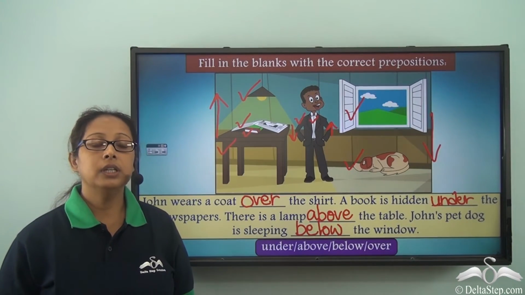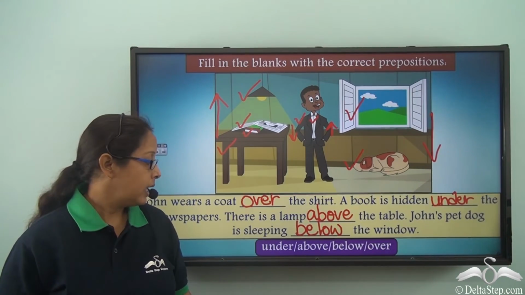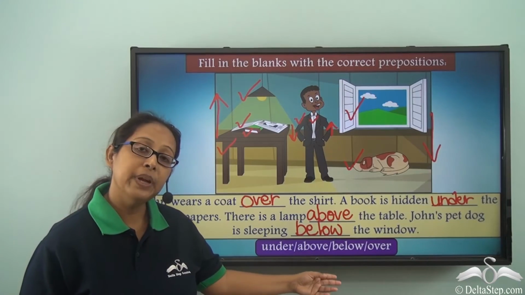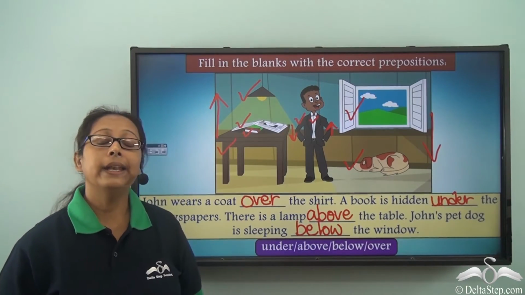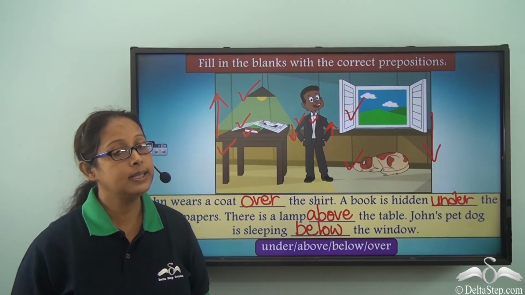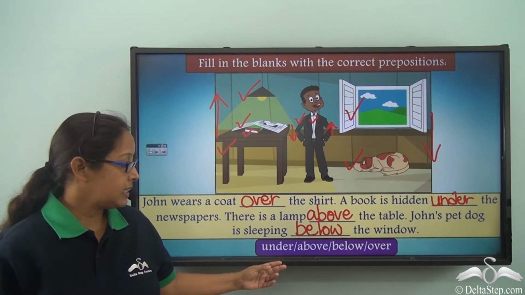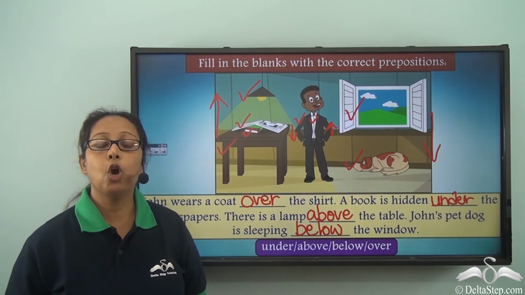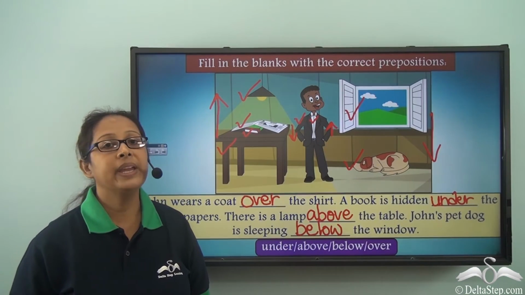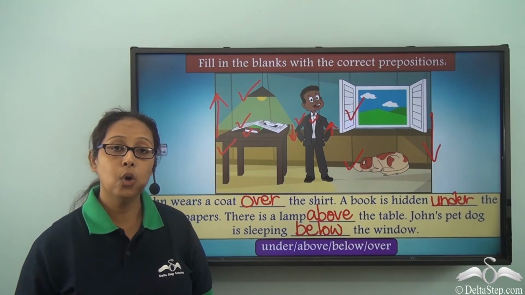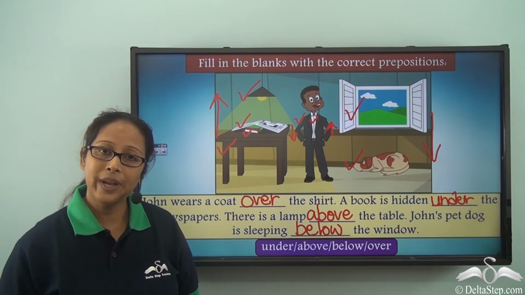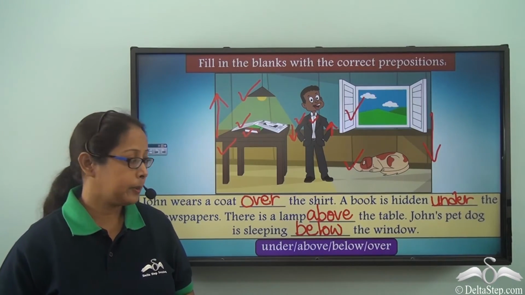Now we have learnt the prepositions under, above, below and over and how they can be used in sentences. When we say under, we are talking about something being directly below something else in a way where it is covering it.